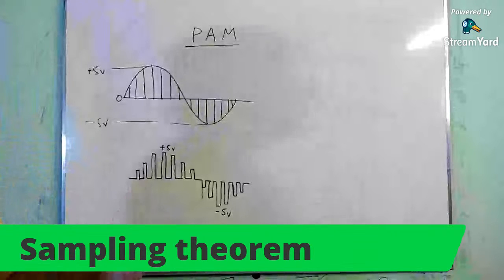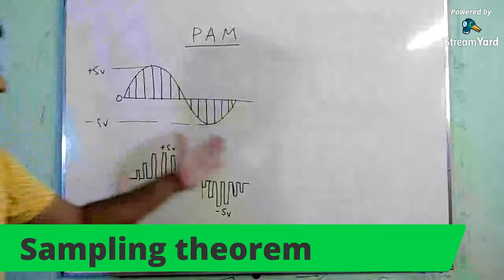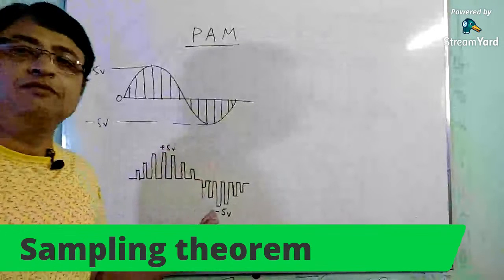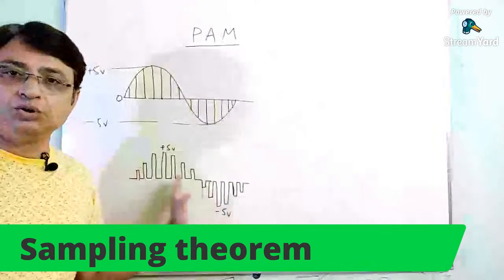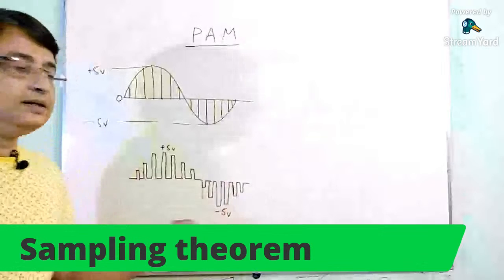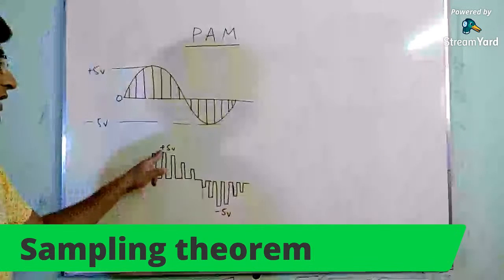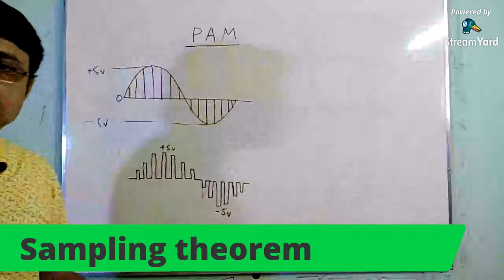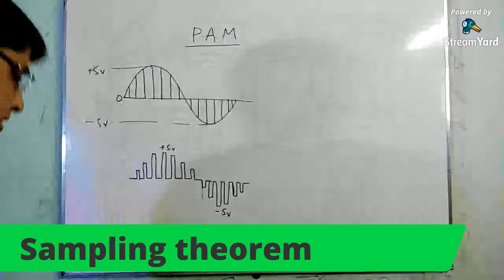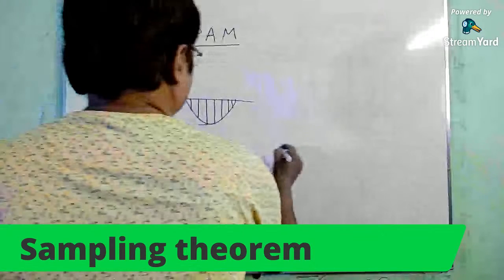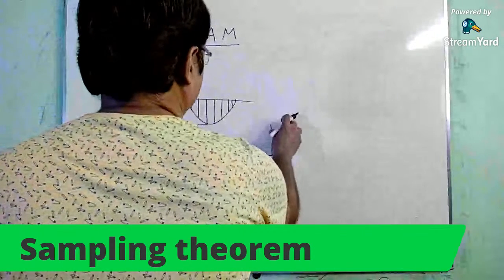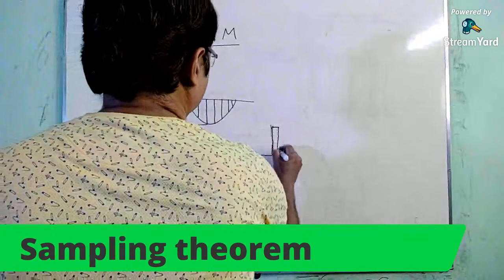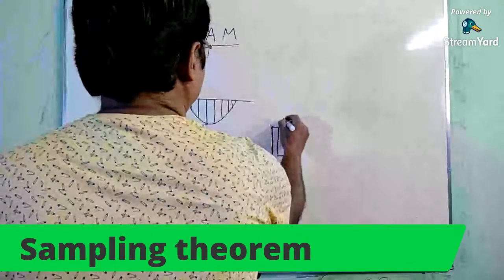In a single polarity PAM, if plus 5 volts is added to these sampled values, then the peak positive value of plus 5 volts will be converted into 10 volts, so every value is added up with plus 5 volts.